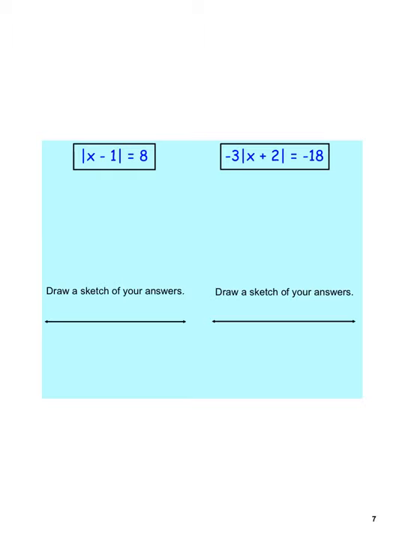Now, when we look at equations with absolute values, so we've got the absolute value of x minus 1 equals 8. Well, what does that mean? That means that x minus 1 could equal 8, okay?